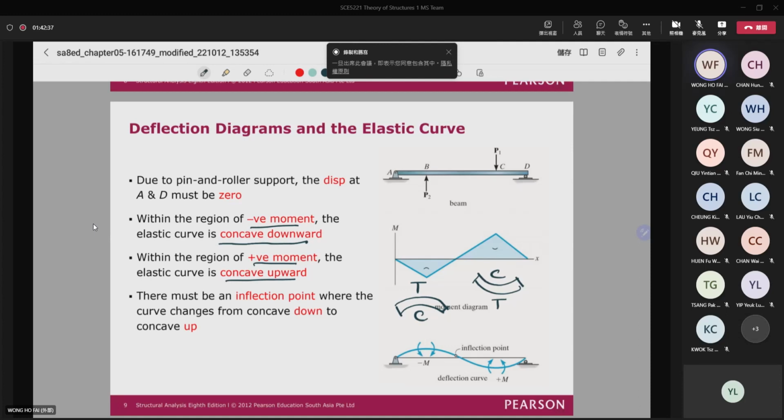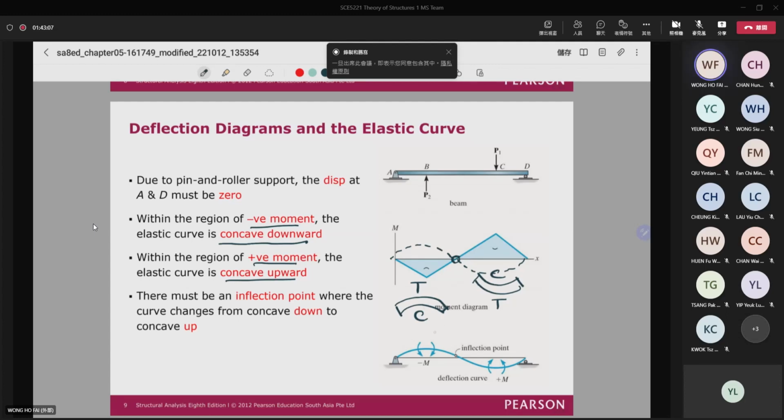So if you have the so-called bending moment diagram, you can always sketch your structure deflection. Right here, you can see that it will be something like that. The bending moment diagram will always be on the compression side. Then here, you can see that we have a location where the bending moment is equal to 0.